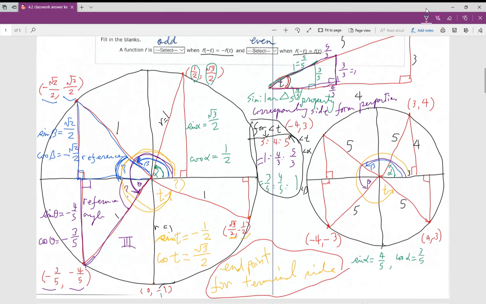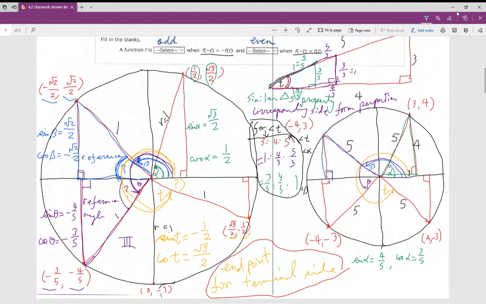Then we go to angle beta, the blue color here. Earlier we had this green color, 3, 4, 5, all positive.